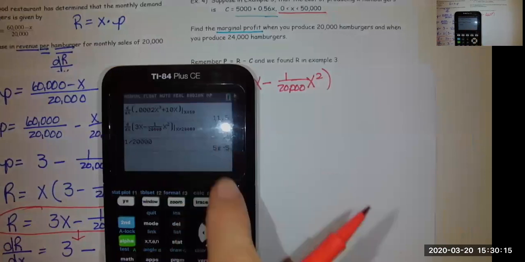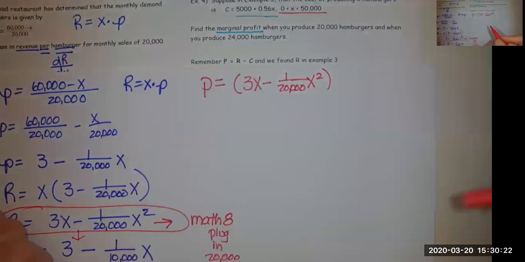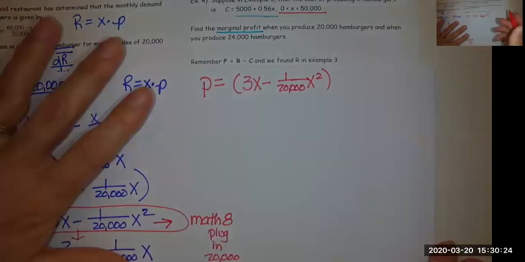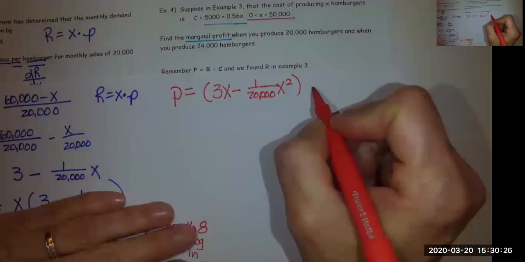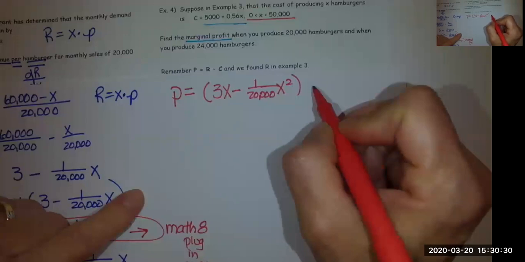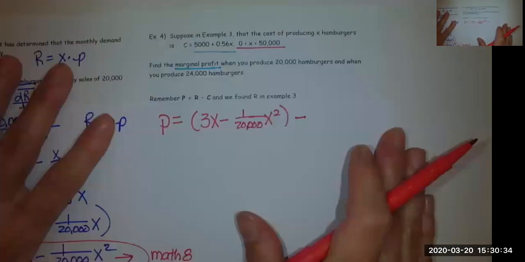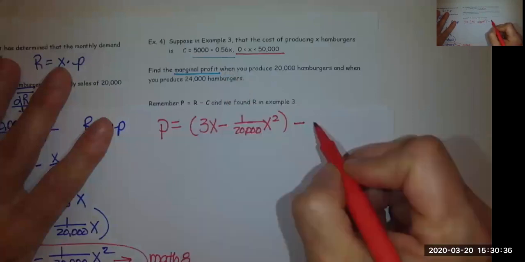You just move your decimal over 5 spots, so it's 0.00005. So now we're going to subtract the cost, which is given to you right here.